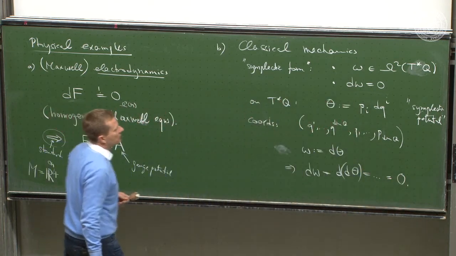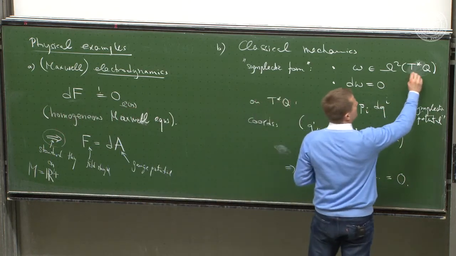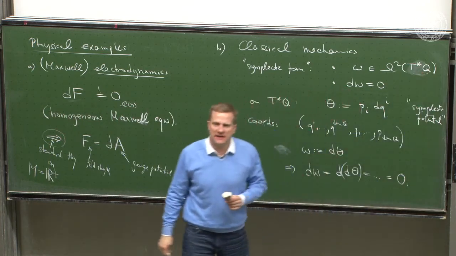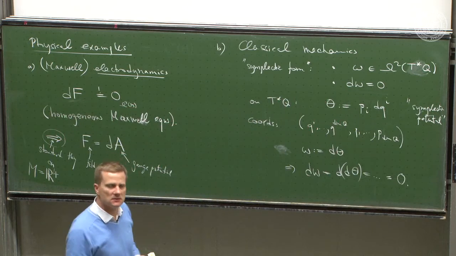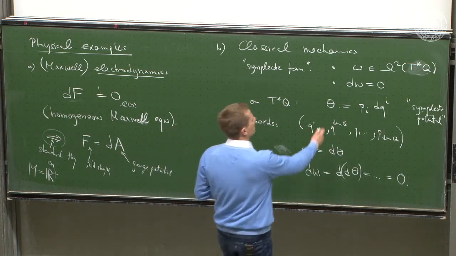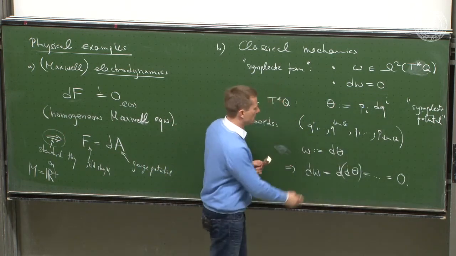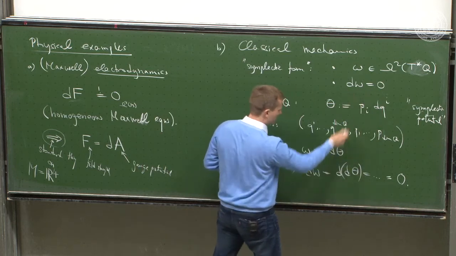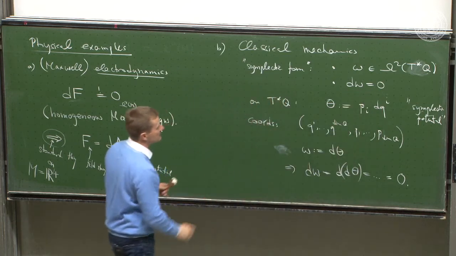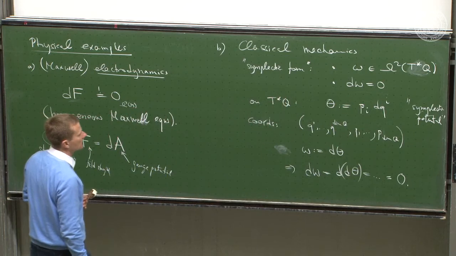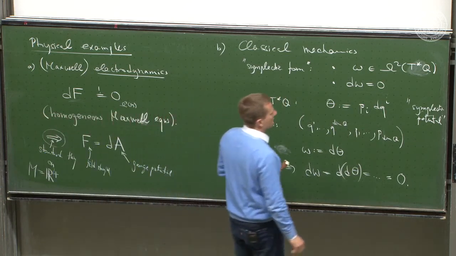Aha, so if your phase space is the cotangent space of some configuration space, then this is trivial, that d omega is 0. You can trivially find one such thing, at least in some local patch. But in fact, you can always.